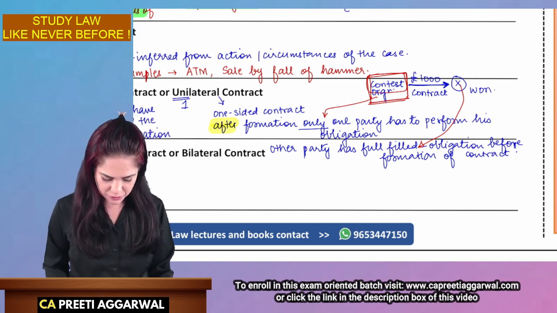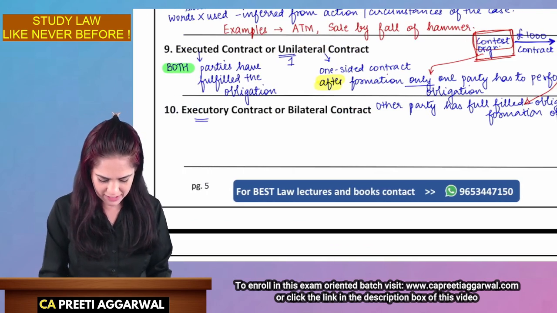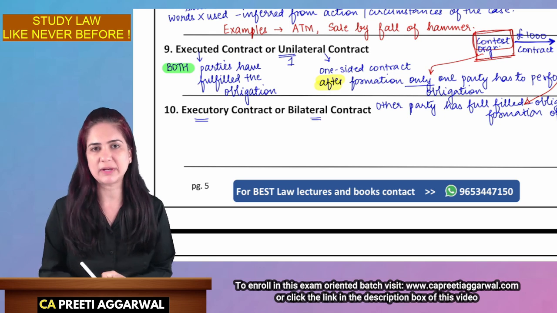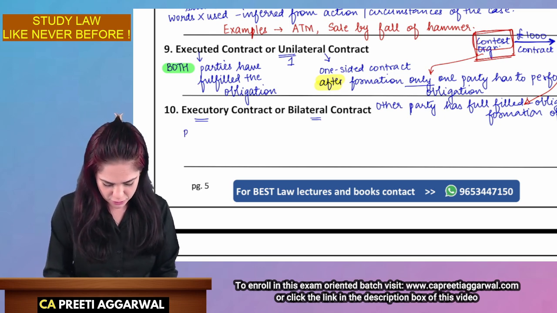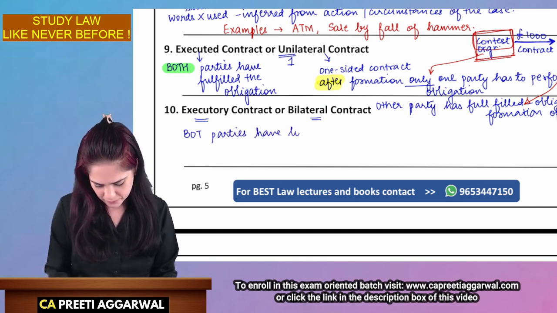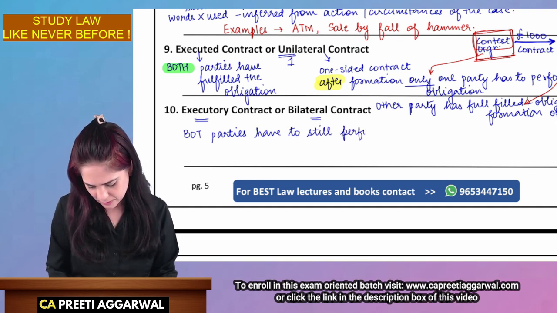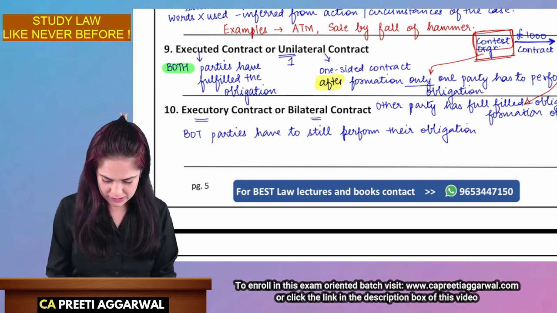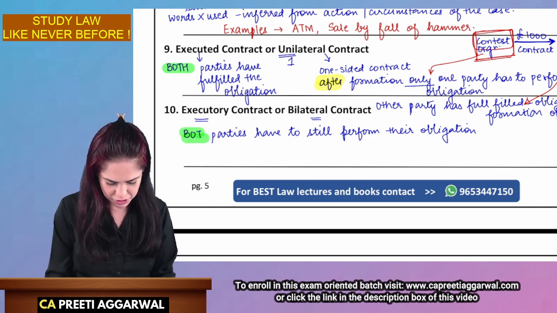Then what is executory contract, also known as bilateral contract? Bi means both the parties have to still perform their obligation. So it is a contract wherein both parties have to still perform their obligation.